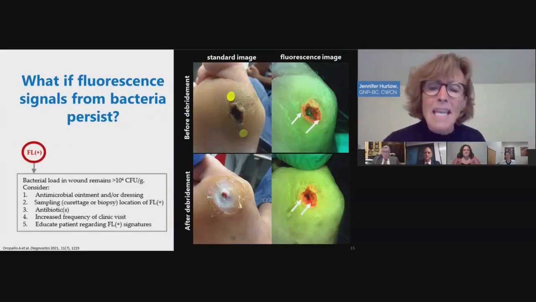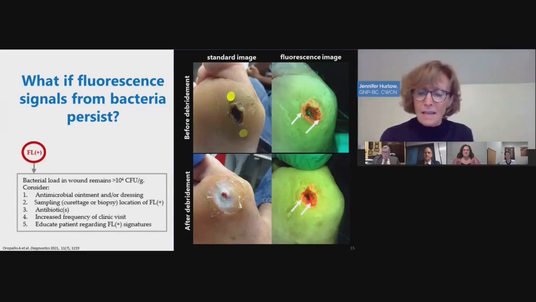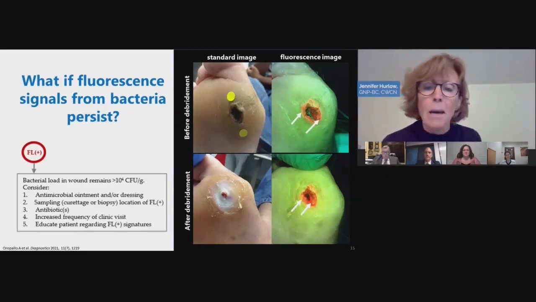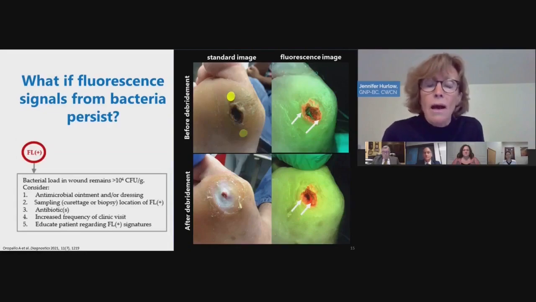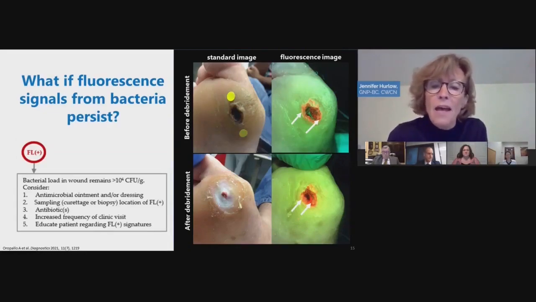To me, one of the most valuable aspects of the MolecuLight workflow is the information that we can pick up on the next steps. As you can see, after initially debriding, I took a picture and found more red glow after I debrided, which indicated to me that I needed to use a topical antiseptic dressing.